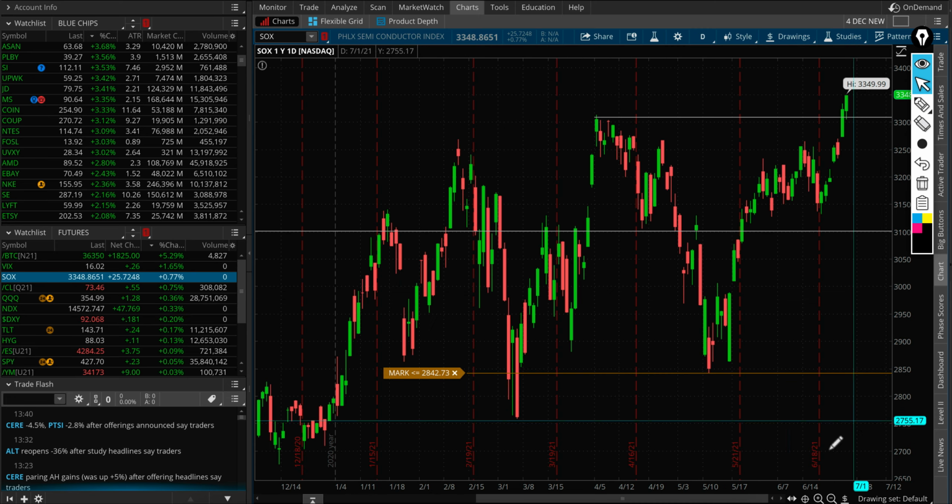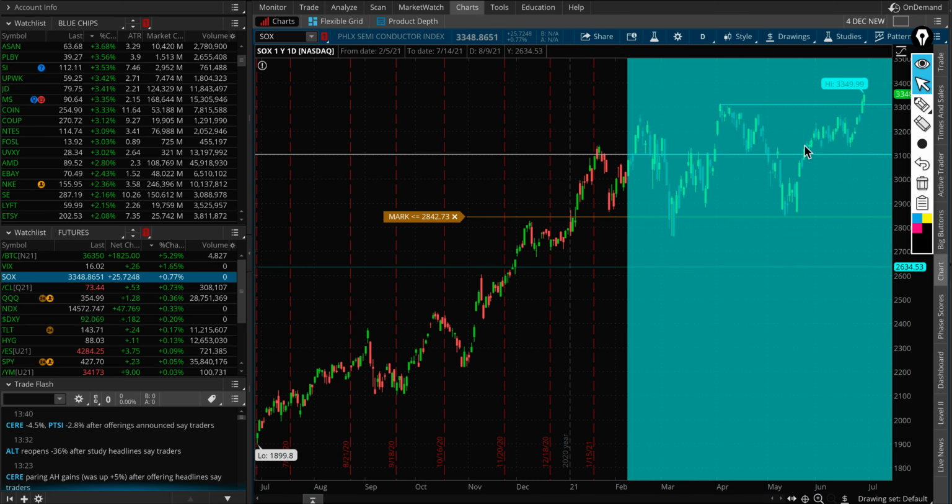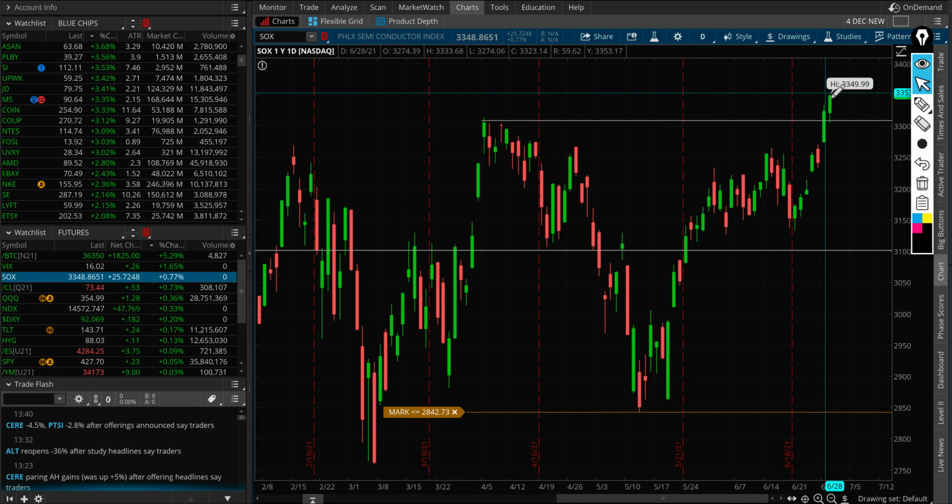If we take a look at this, you can see the semiconductor index was pretty much moving sideways, since maybe the beginning of the year, let's say. It's been moving sideways, but yesterday it did break out and made a new high.